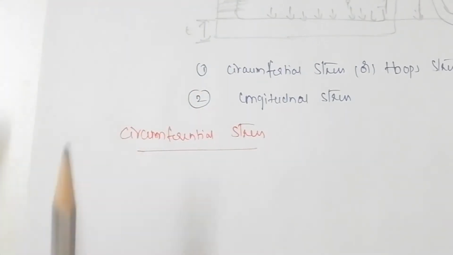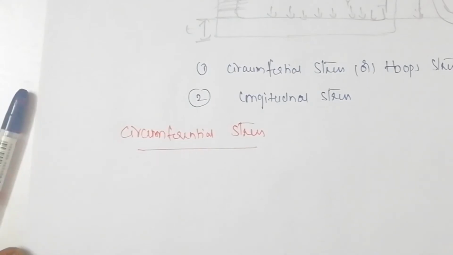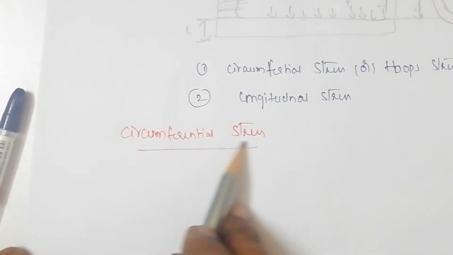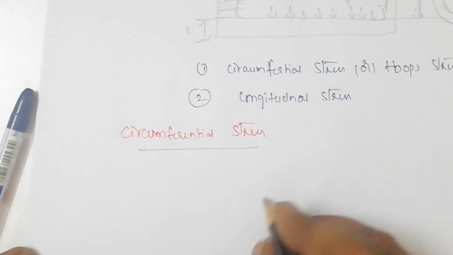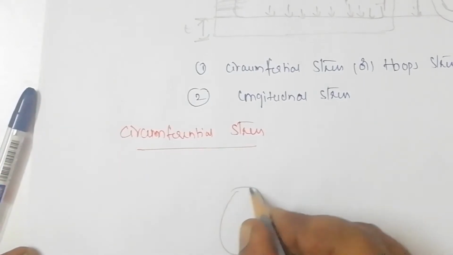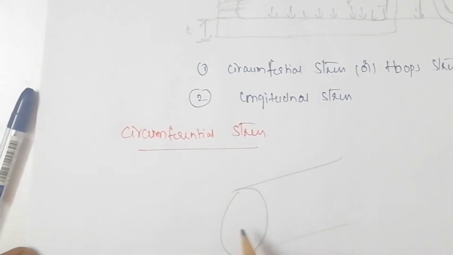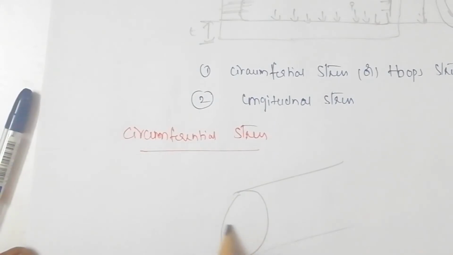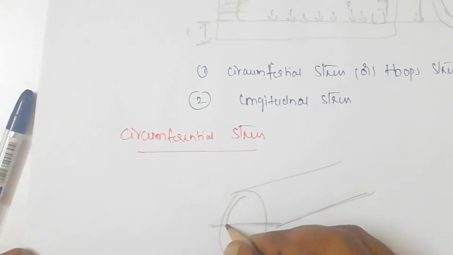So, let us consider a cylindrical element which is cut along the circumference of the circle, like this is the cylinder which you are having. So, I will cut at this section. I will cut along the axis like this. I am cutting this part. So, the fluid is present below this, above this, correct?